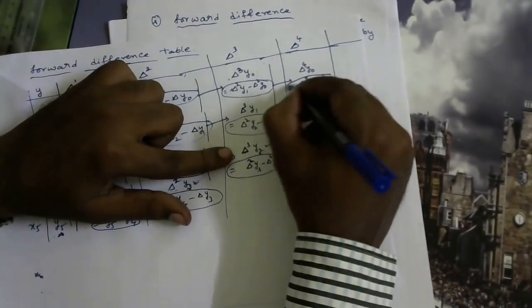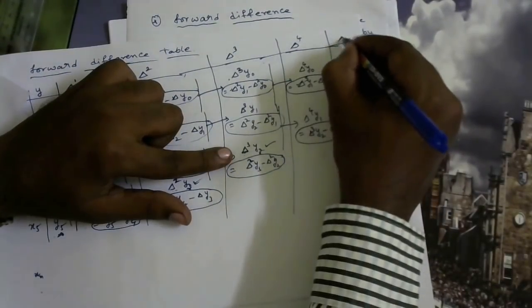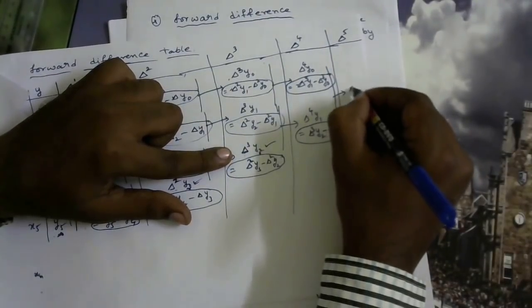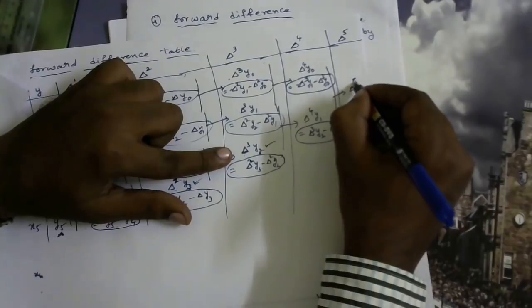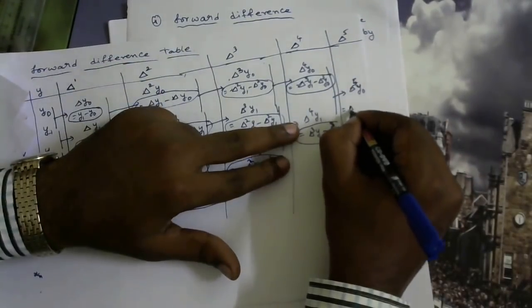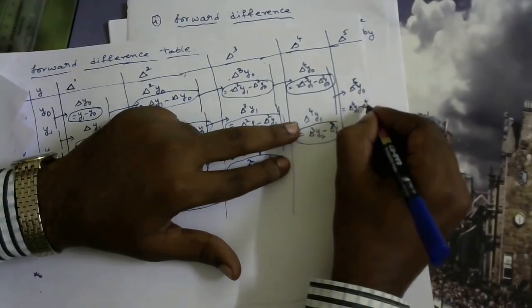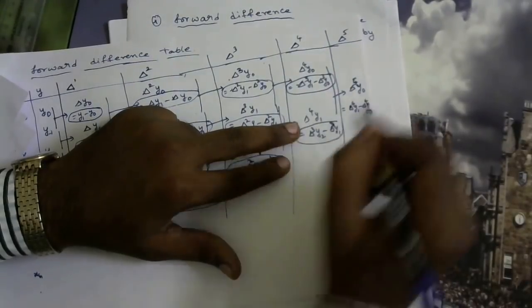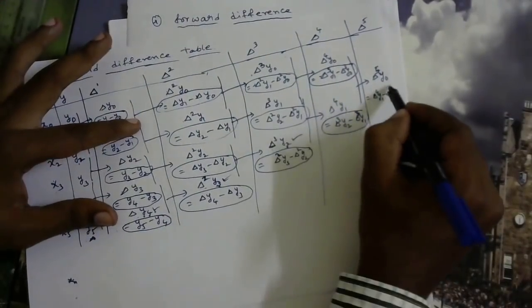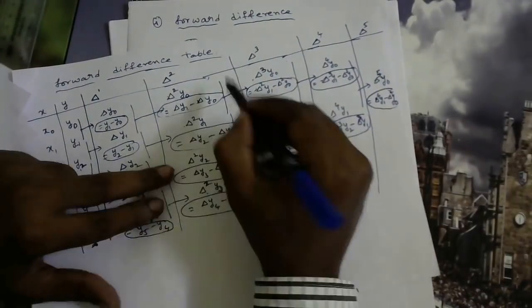Lastly, delta to the power of 5 y0 equals delta to the power of 4 y suffix 1 minus delta to the power of 4 y suffix 0. So this is the forward table, and you have to remember it.